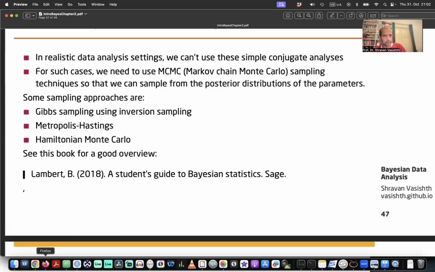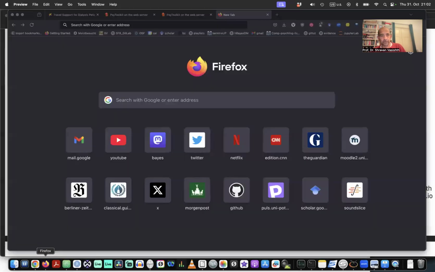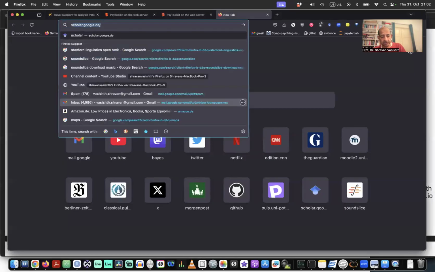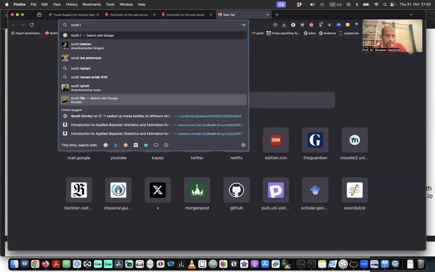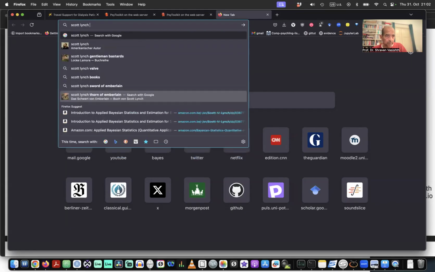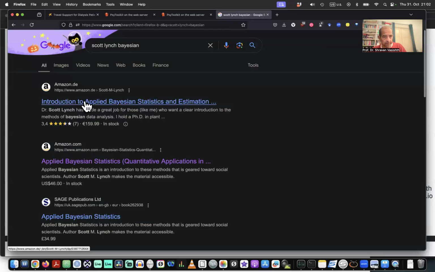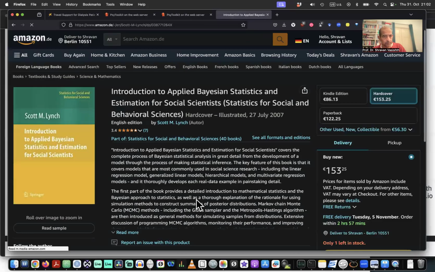Another interesting book that I want to recommend for sampling is Scott Lynch's Bayesian book. I don't know what the book is called. Yeah, here, right? This book has a very good introduction to sampling as well.